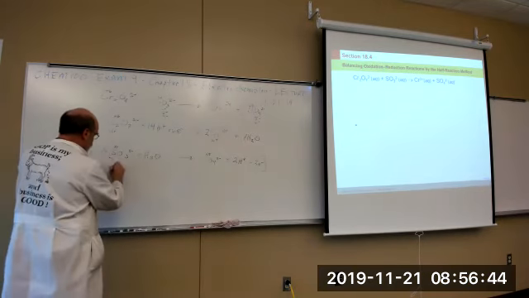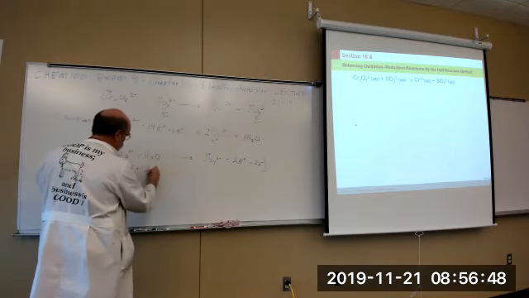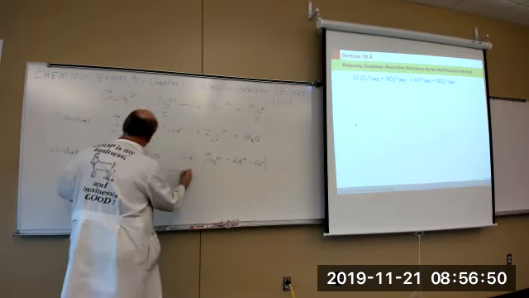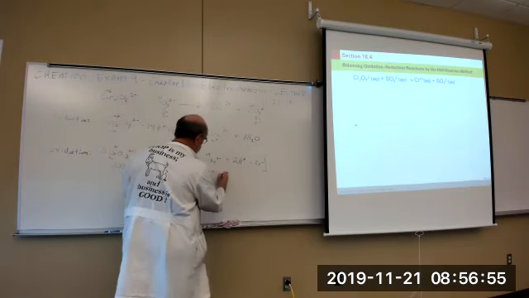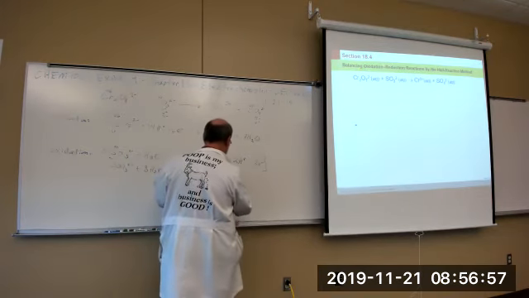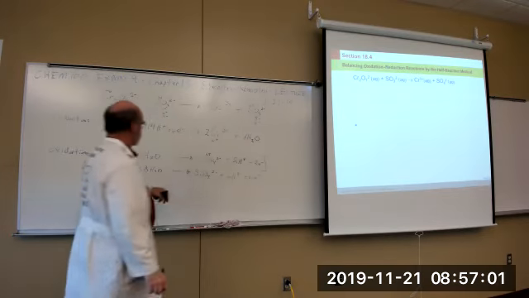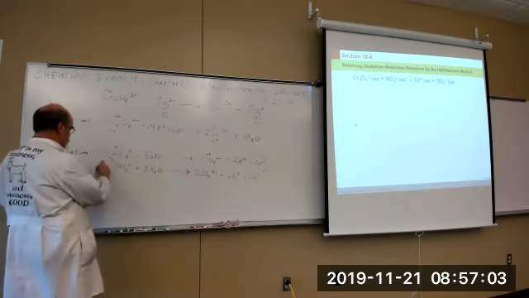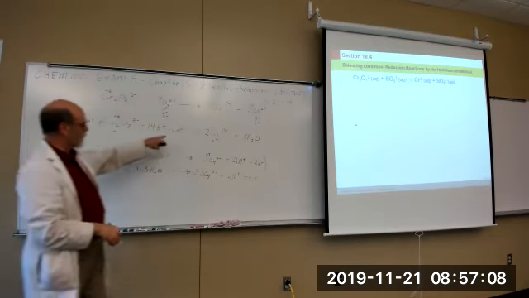So that gives us 3 sulfites plus 3 water and 3 sulfates plus 6 hydrogens plus 6 electrons. Now we can add these 2 together because our electrons balance.